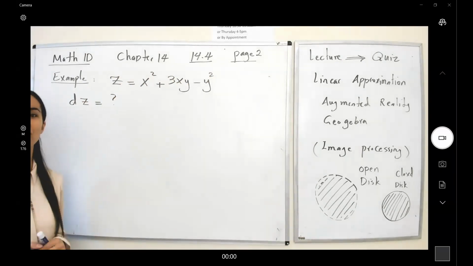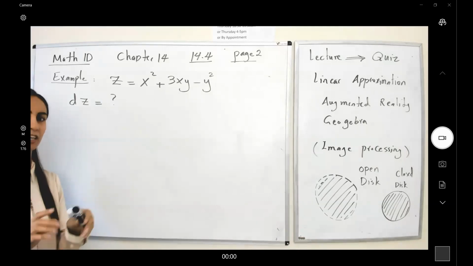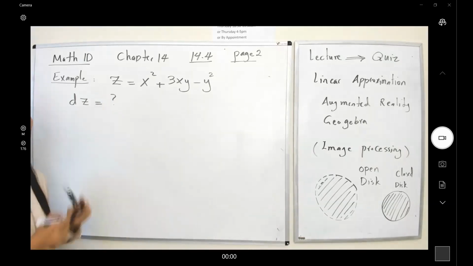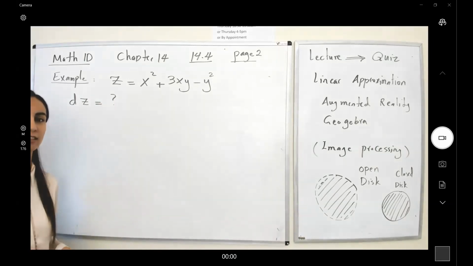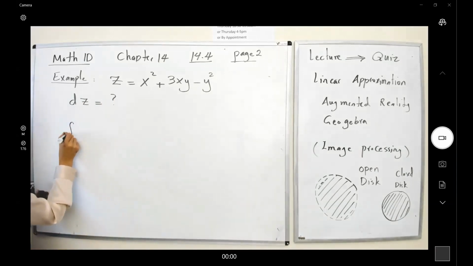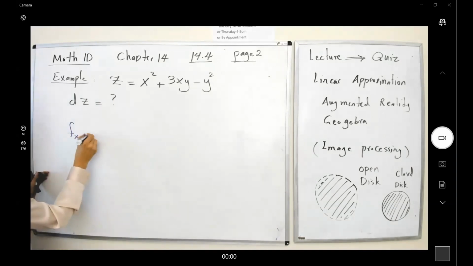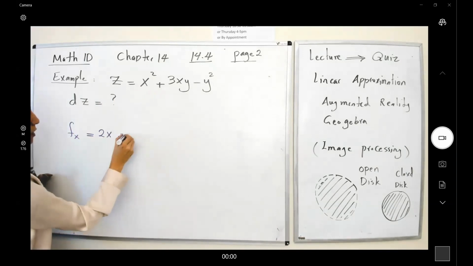What's the differential of this function? Very well. First, let us check to see if this is a function that actually satisfies the conditions that we talked about. First, you need to find the partial derivative of f with respect to x, which is 2x plus 3y.